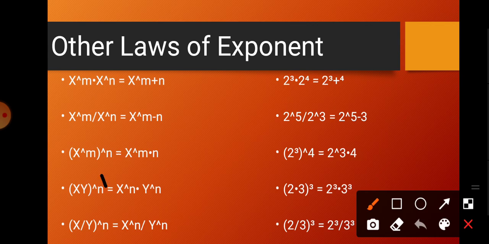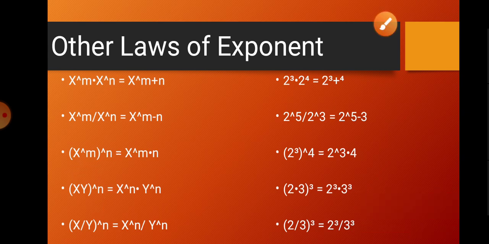So you distribute the exponent to the different bases. So in numbers, 2 times 3, to the power of 3 is equal to 2 to the power of 3 times 3 to the power of 3.